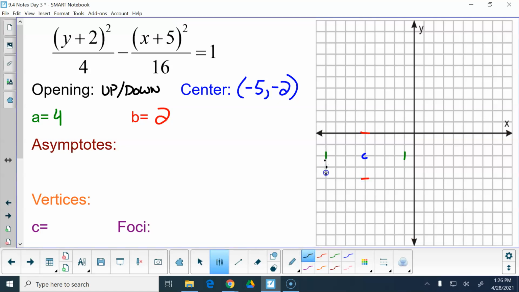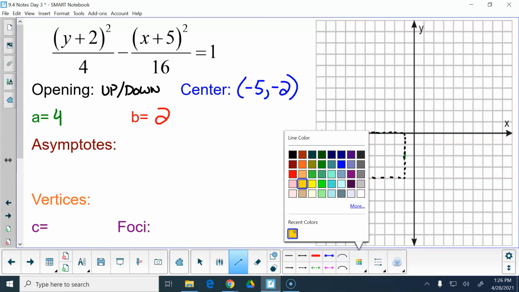That allows us to build the box. That allows us to draw the asymptotes.